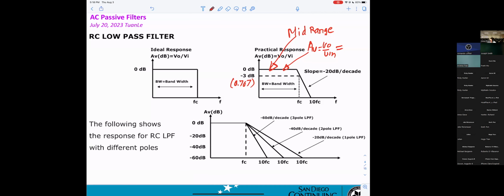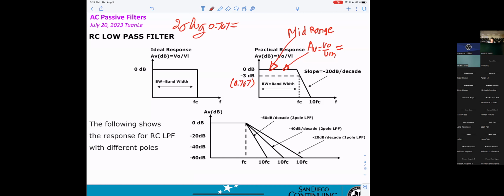If you want to take a log, it can be 20 log of 0.707.